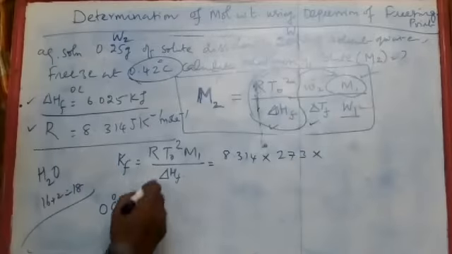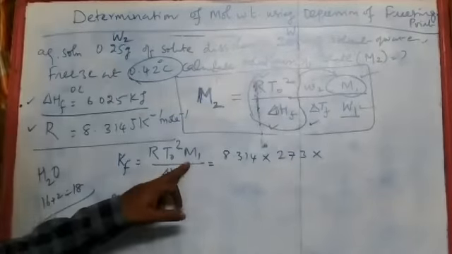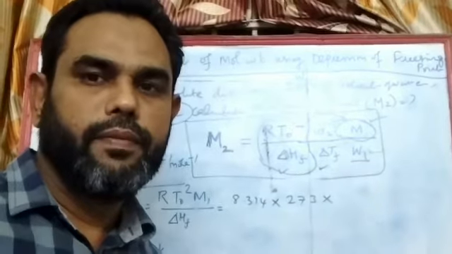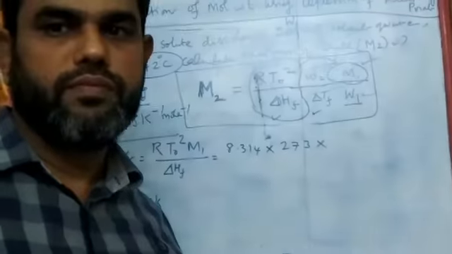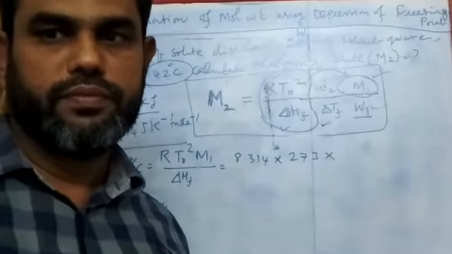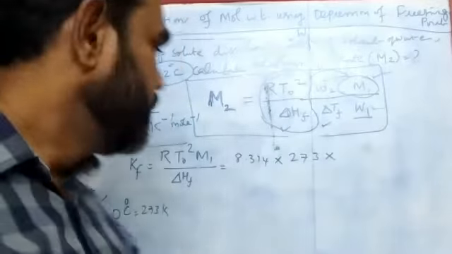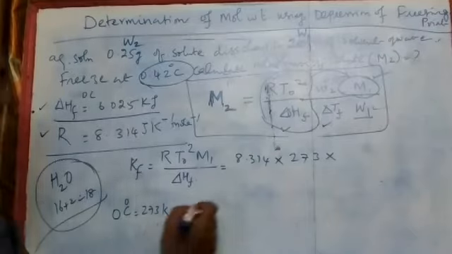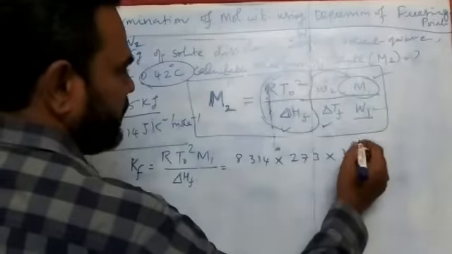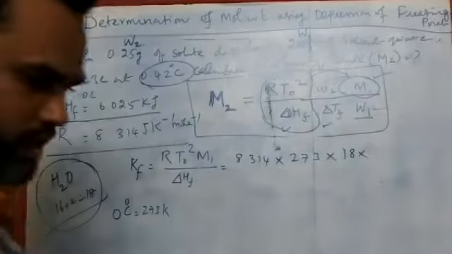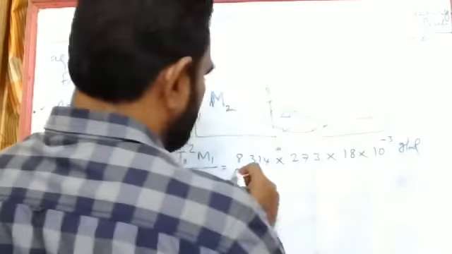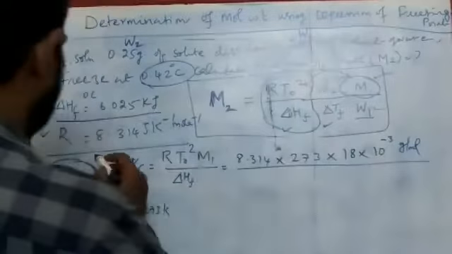Then M1 is the molar mass of the solvent. The solvent used here is water, so I can write 18 into 10 power minus 3 kilograms per mole, divided by delta HF.